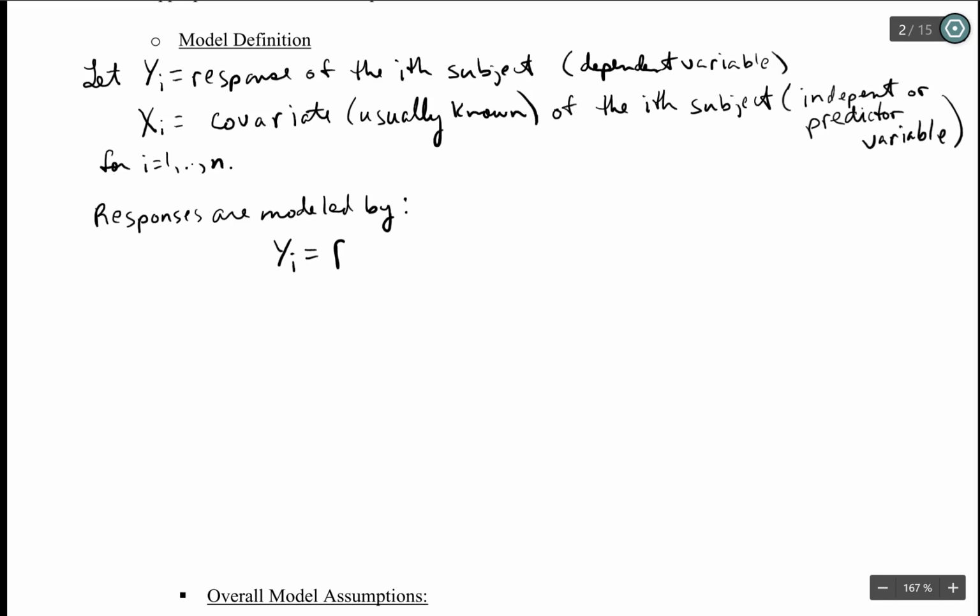yi equals beta naught plus beta 1 xi plus epsilon i. So we're saying that y is related to x through this stuff, which is the form of a line. If you remember back from your high school math days, you probably had this as the equation of a line, mx plus b.